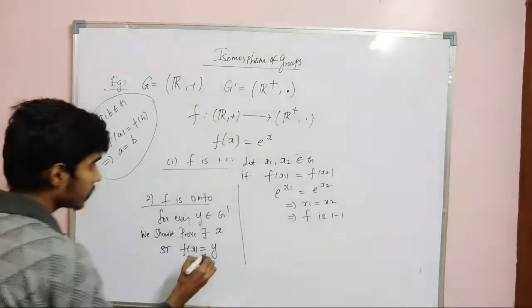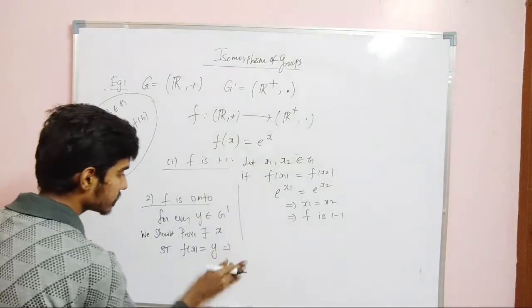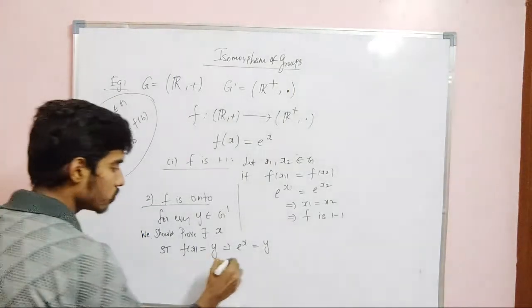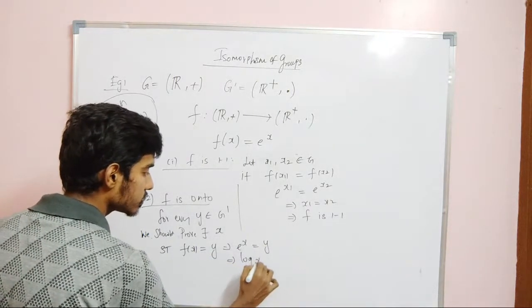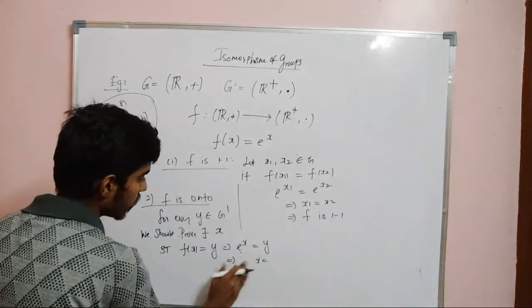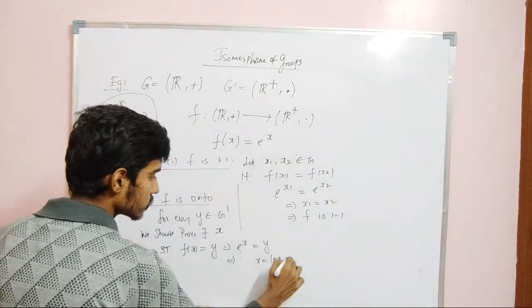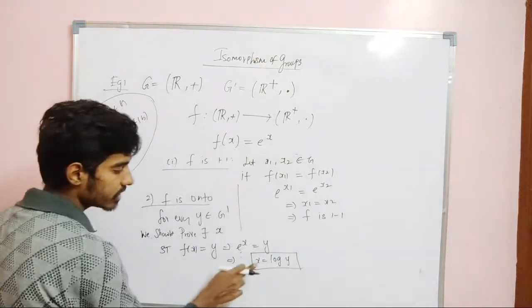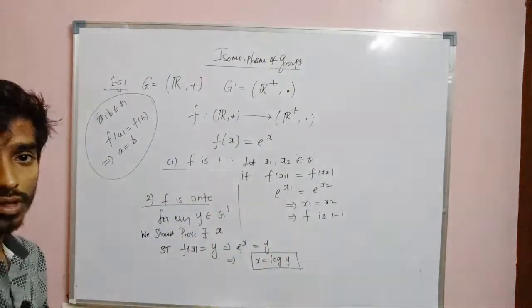What is f(x)? It is e^x, that is, e^x = y. If I take log on both sides, x = log y. So for every y there exists x such that x = log y.